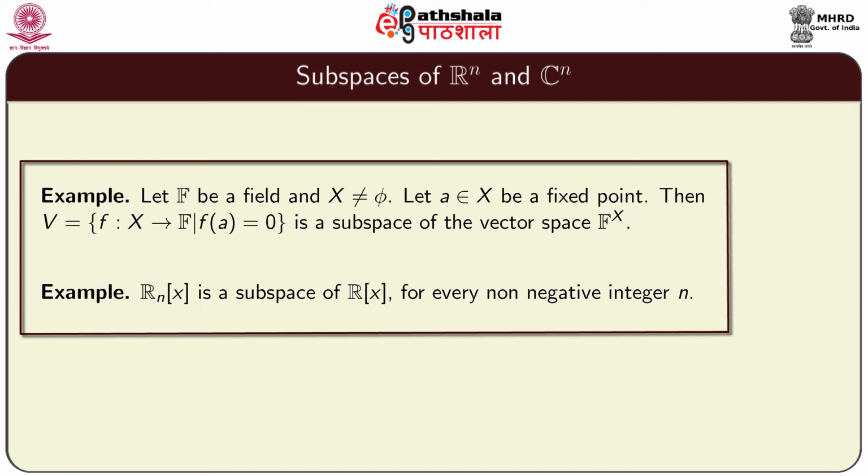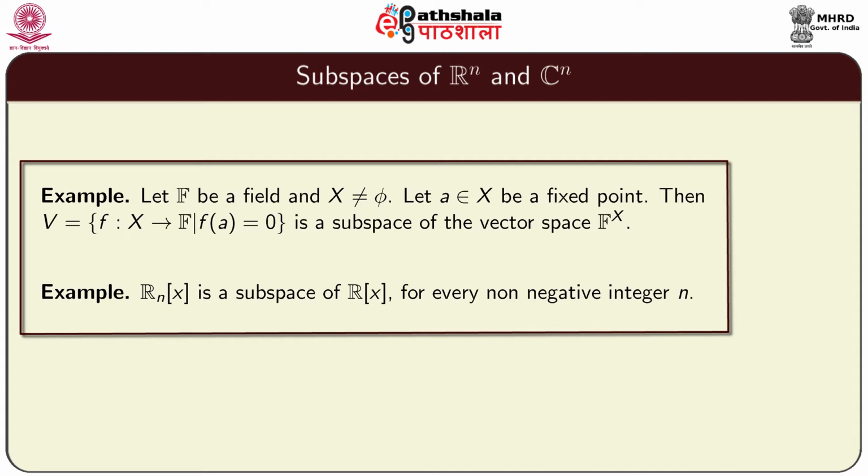Let us see a couple of very important examples. Recall that we had defined the vector space F raised to X, where F is a field and X is a non-empty set. F raised to X was defined to be the collection of all functions from X to F, and that was a vector space under pointwise addition and scalar multiplication of functions.